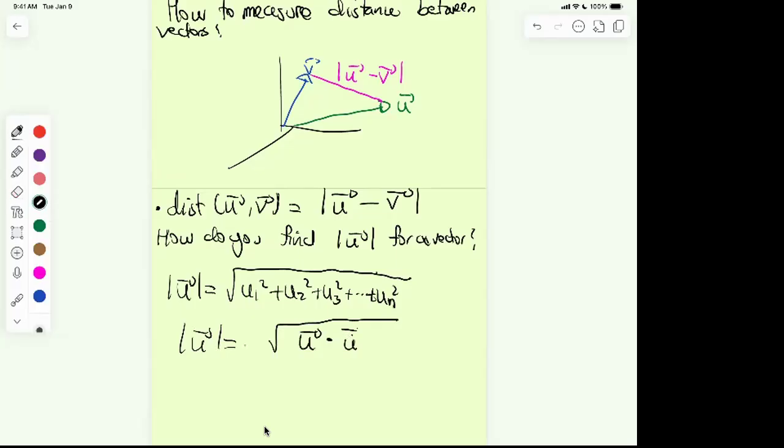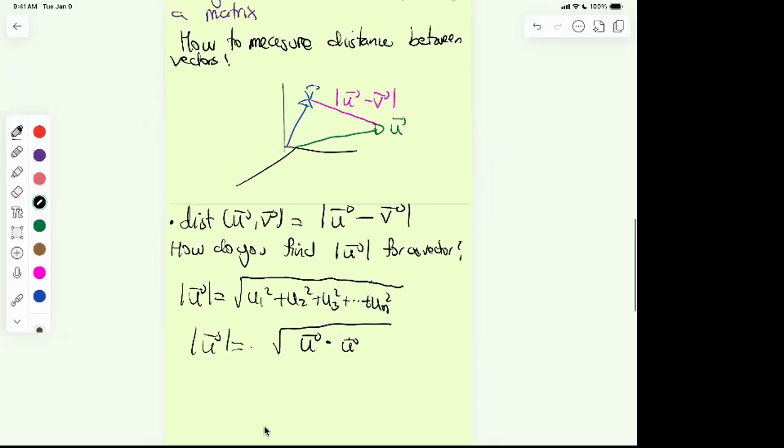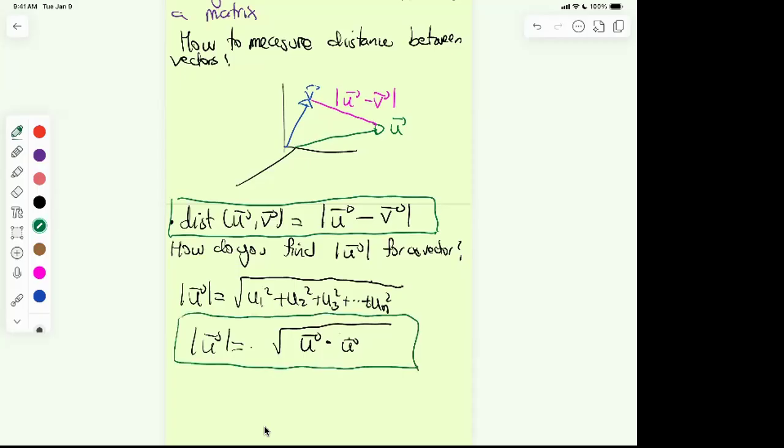Let me put the two important things here. The two important formulas for now are that the distance can be computed in terms of the magnitude or the norm, and the norm or the magnitude can be computed in terms of a dot product. So the idea is that the moment you have a dot product, you get for free a notion of magnitude, and you get for free a notion of distance, if that makes sense.